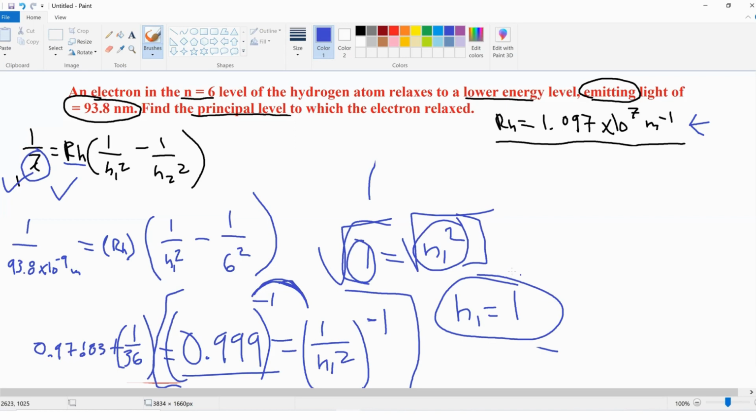So again, two things to look for in the question. The first thing is n equals 6. The second thing is if it says emitting or absorbing, and the rest is just algebra.